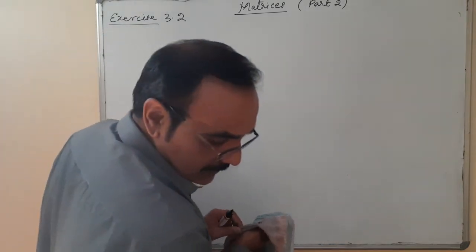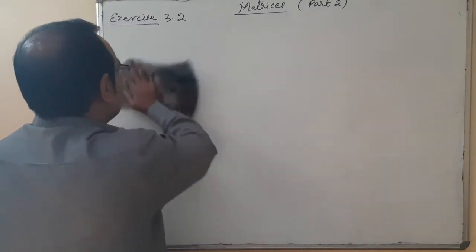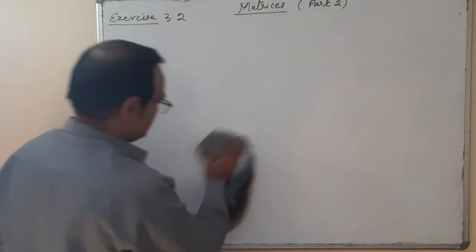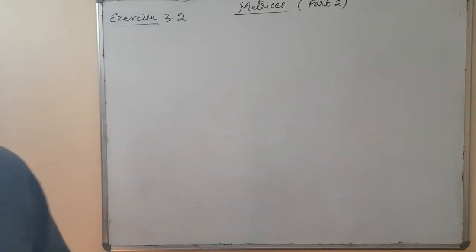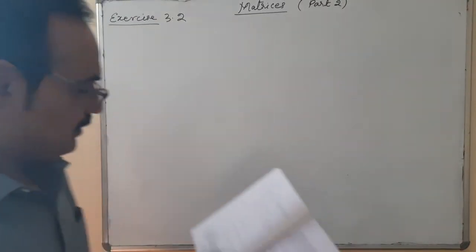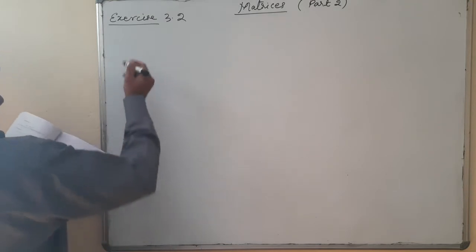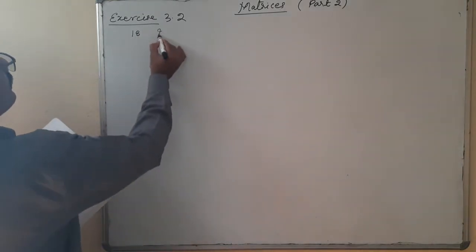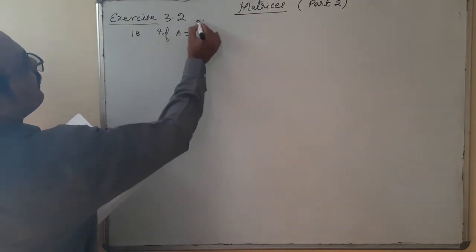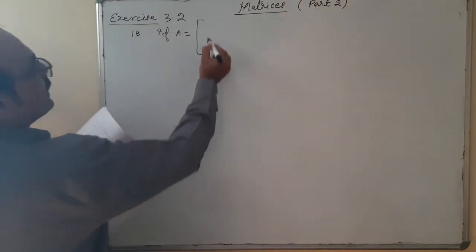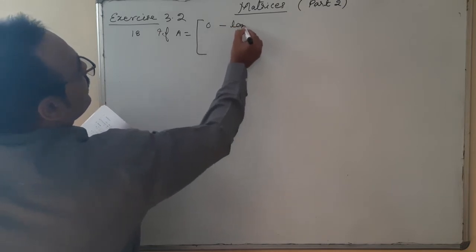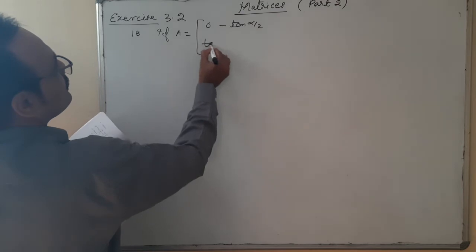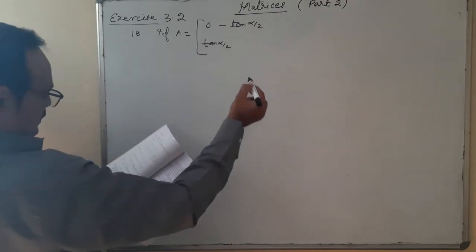Question number 18. If A is given in the form of trigonometric terms, we are going to verify LHS is equal to RHS. Question number 18. If A is equal to 0, minus tan alpha by 2, tan alpha by 2, and 0.